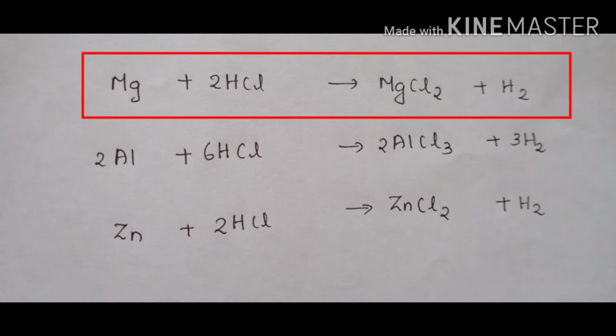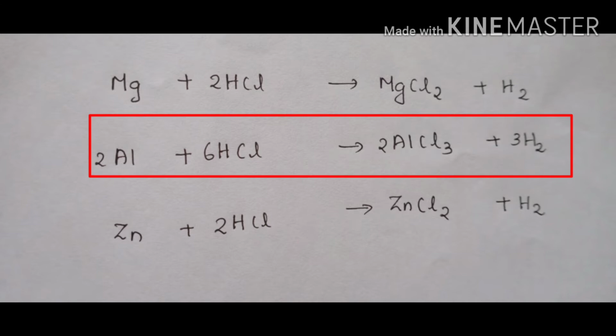For example, magnesium reacts with hydrochloric acid to give magnesium chloride and hydrogen, and the reaction can be represented as Mg + 2HCl gives MgCl2 + H2.